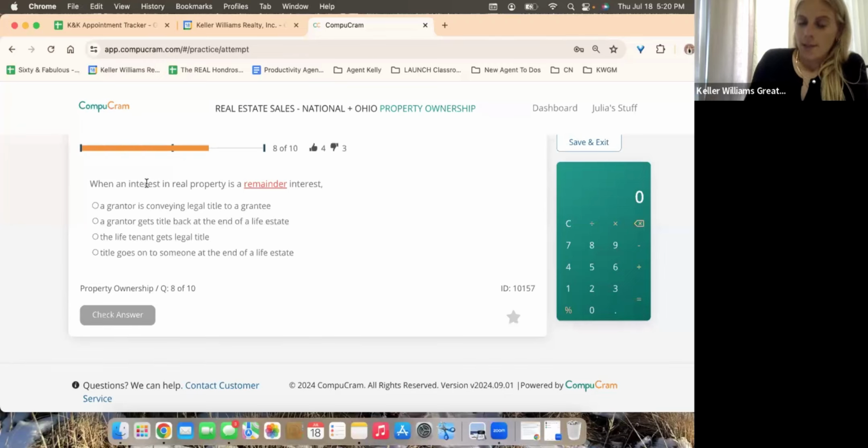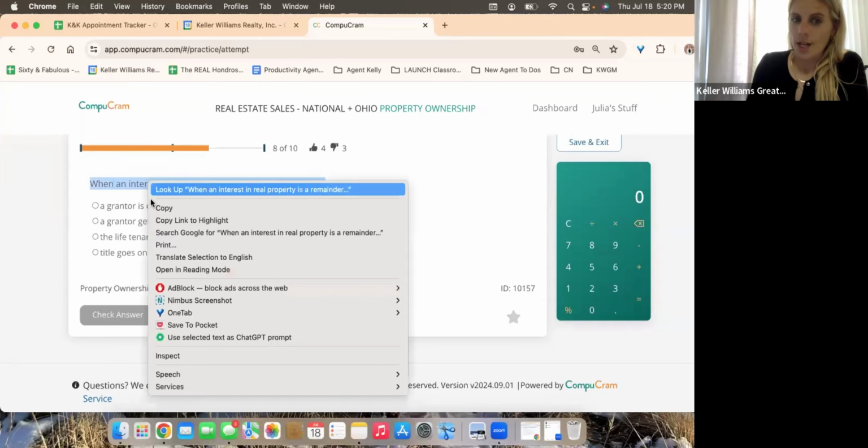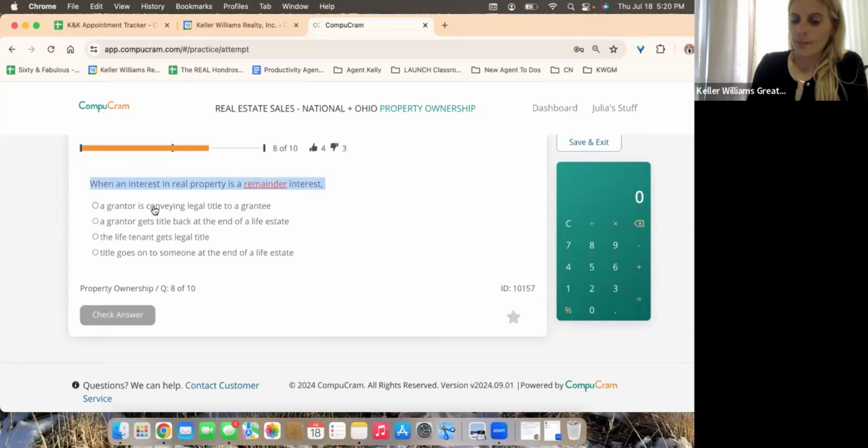These are kind of tricky, but definitely knowing the difference between remainder interest, life estate, and all the differences there will be very helpful when answering these types of questions. Okay, we got C and D.